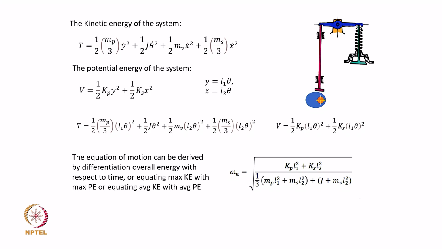We used the energy method in this case instead of Newton's approach or application of Newton's law to get the governing equation of motion and get the natural frequency expression from that. Once you do that, we have to do inferencing, right. That is what we said.